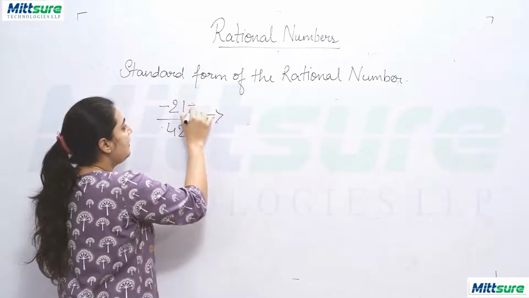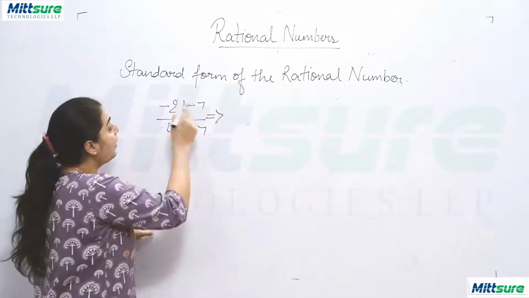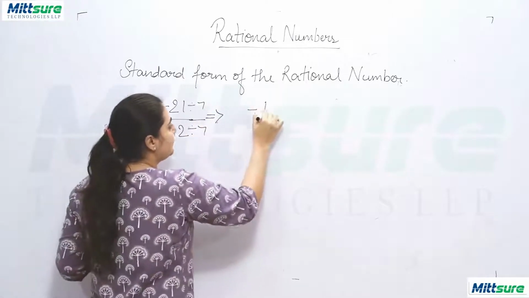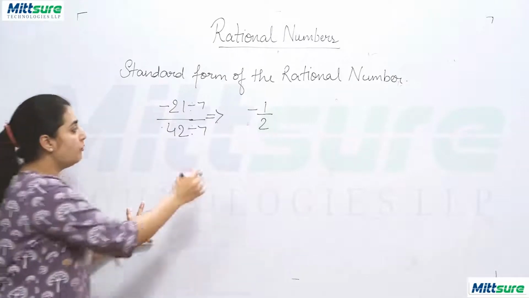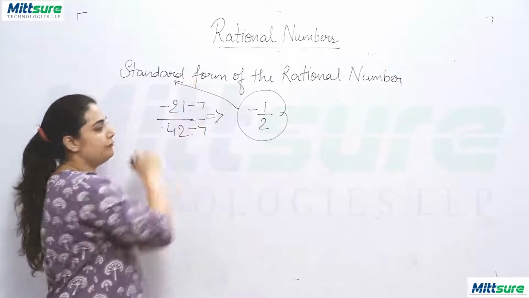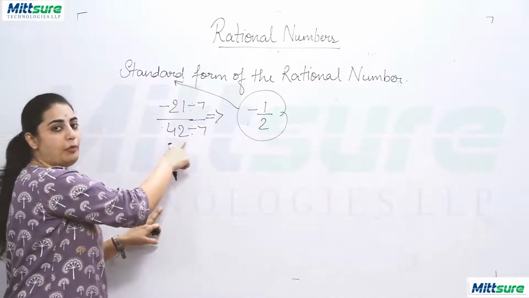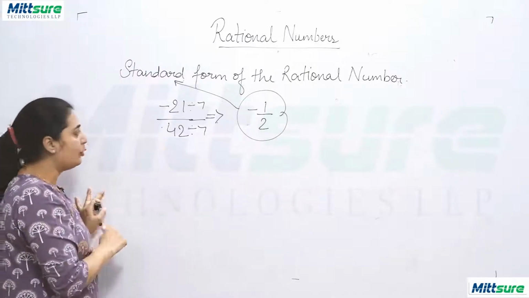If I divide both numerator and denominator by 7 or by 21 itself, I will get the simplest form, that is minus 1 upon 2. So this minus 1 upon 2 is the standard form of the rational number minus 21 upon 42. Clear to everybody? Let's take one more example.